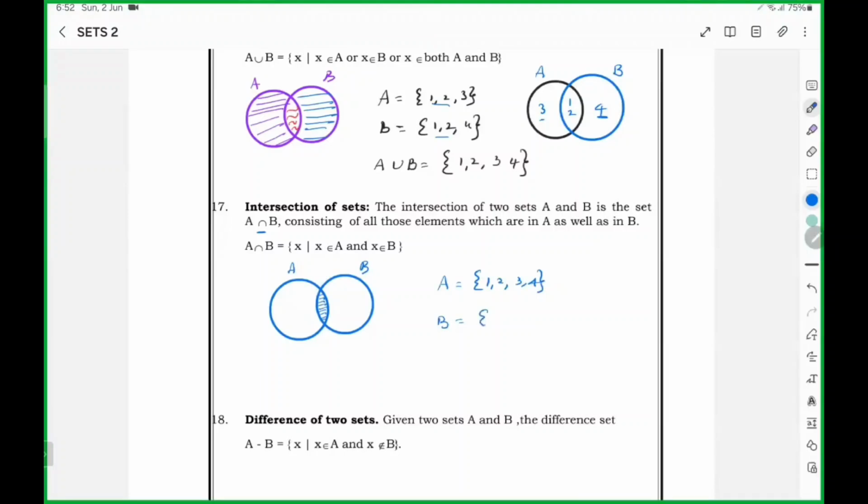B here is 5, 6, 3. Intersection means common elements. The only element common to both the sets is 3.